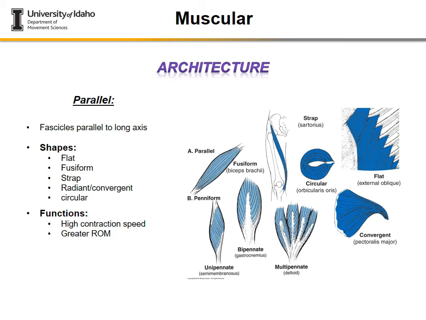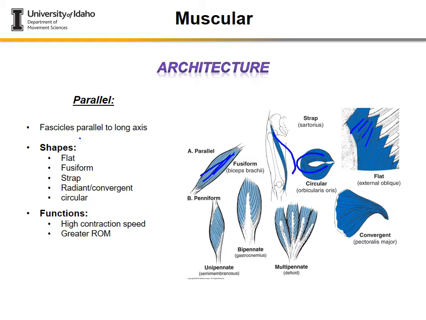Further development of the musculature is the architecture. There are two major types, parallel and pennate. Let's talk about the parallel first. In parallel muscles, the fibers run in line with each other along the length of the muscle, so the fascicles are parallel to the long axis. There are different shapes that constitute the parallel. Here you have the circular, and here you have the strap.